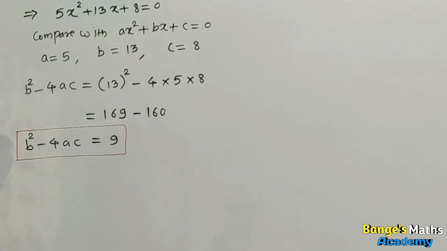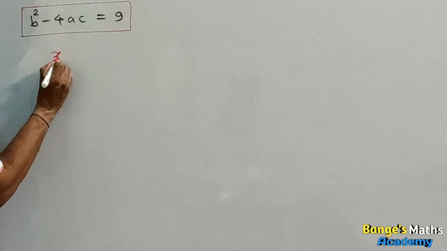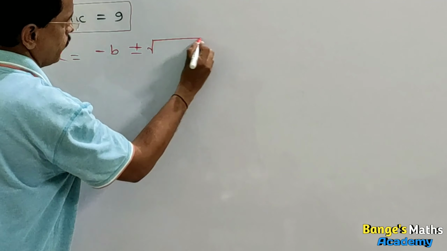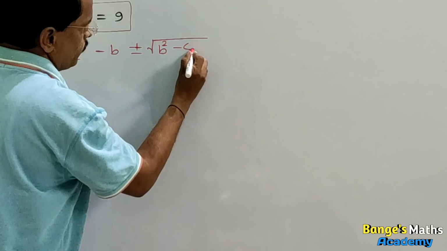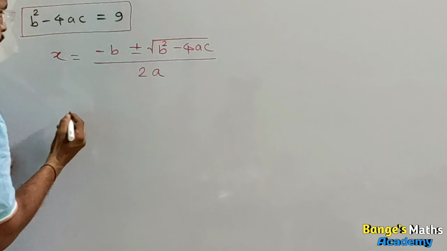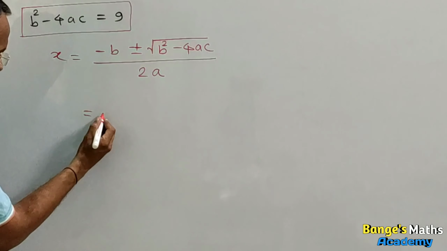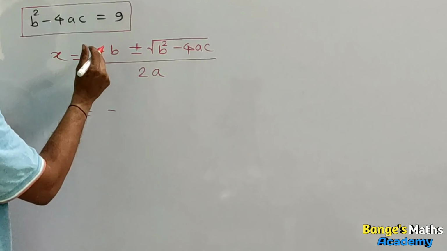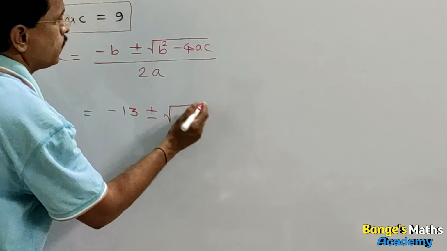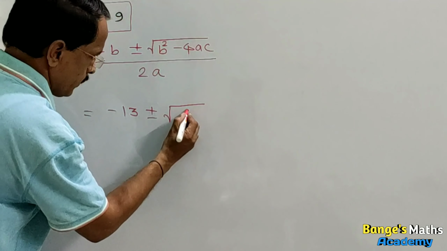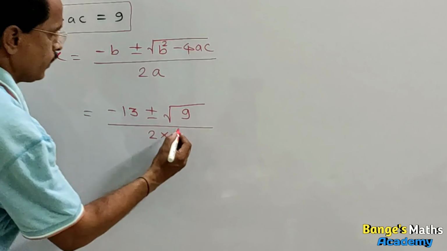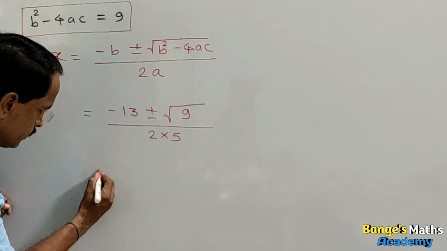Then by using the formula x is equal to minus b plus or minus square root of b square minus 4ac upon 2a. Put values in this formula: minus the value of b, 13, plus or minus root of b square minus 4ac, which is 9, upon 2 into a, value of a is 5. Simplify this.